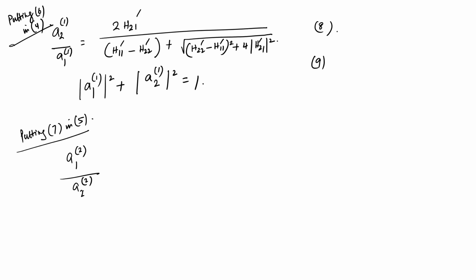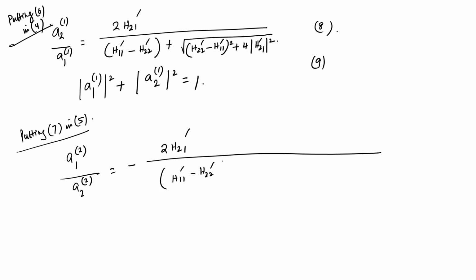And this is with a negative sign, 2H21 prime, and we have H11 prime minus H22 prime plus the root over of H22 prime minus H11 prime square plus 4 H21 prime square, and so on.